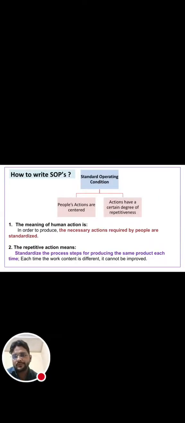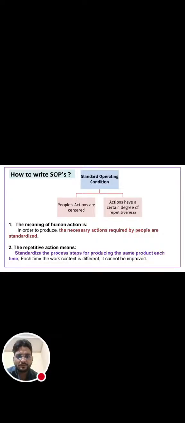Now, how to write SOP? There are two methods actually. First is that people's actions are centered, and second is that actions have a certain degree of repetitiveness. The first, meaning of human action, is that the necessary actions required by the people are standardized. Second, repetitive actions mean standardizing the process steps for producing the same product each time.